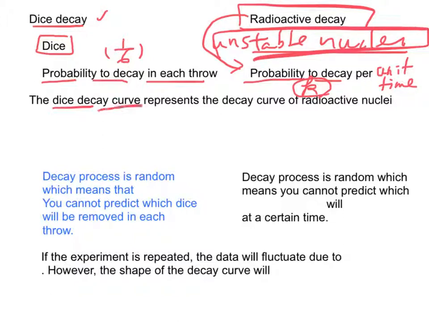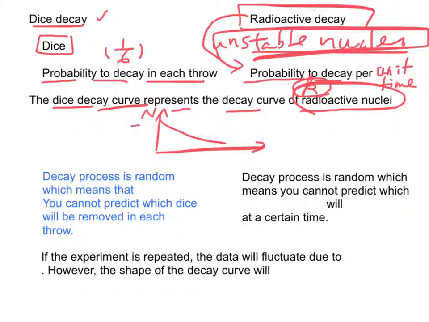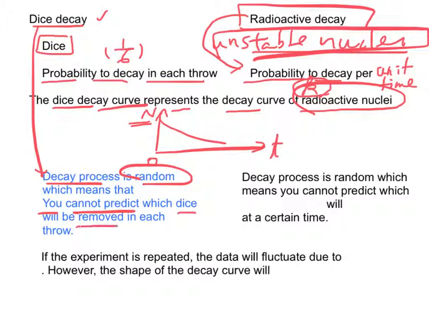The dice decay curve also represents the decay curve of radioactive nuclei, where n is the number of unstable nuclei left and T is the time. For the dice decay, the decay process is random, which means that you cannot predict which dice will be removed in each flow.